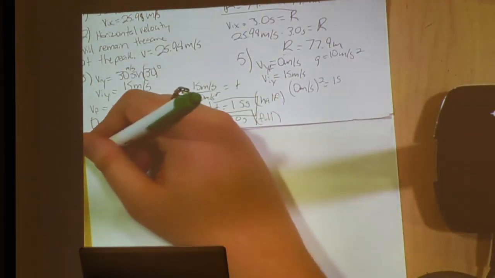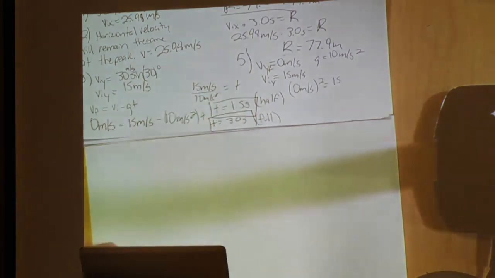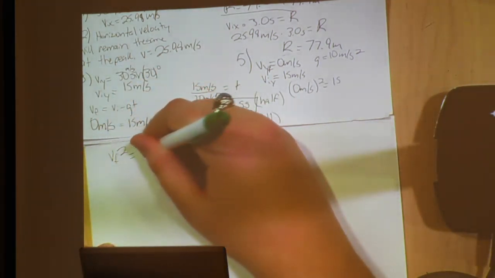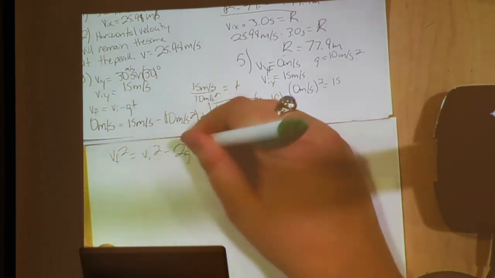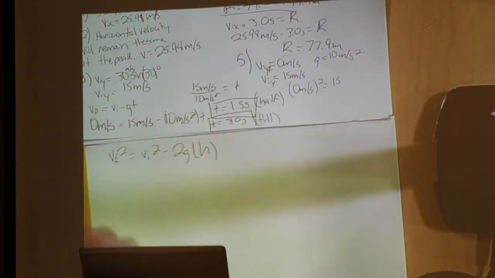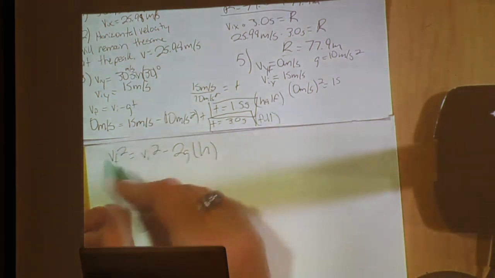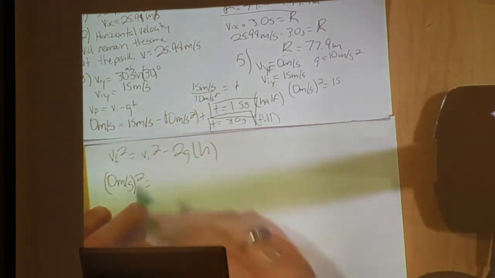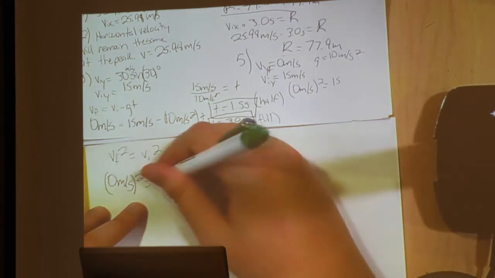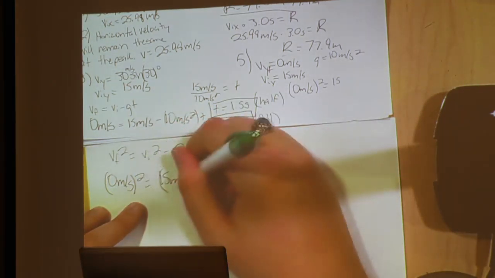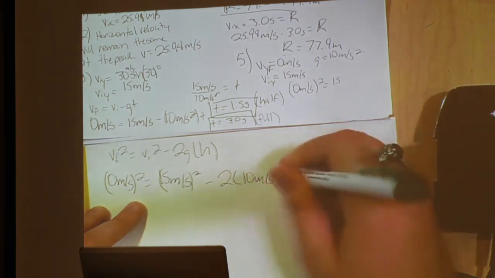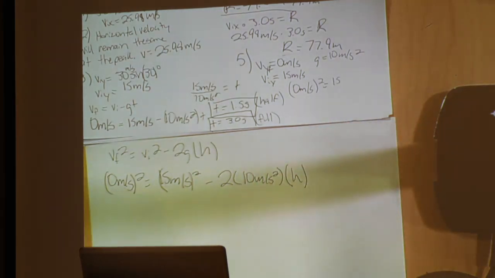So the formula that we're using is Vf squared equals Vi squared minus 2g times height, right? So that's the fourth one underneath vertical displacement. So we know that our y direction final velocity is going to be 0 meters per second, so 0 equals Vi squared, which we said was 15 meters per second, squared, minus 2 times 10 meters per second squared times height, right?